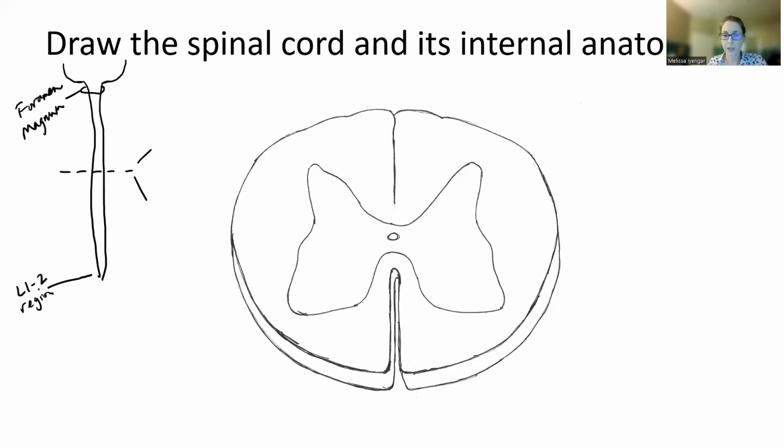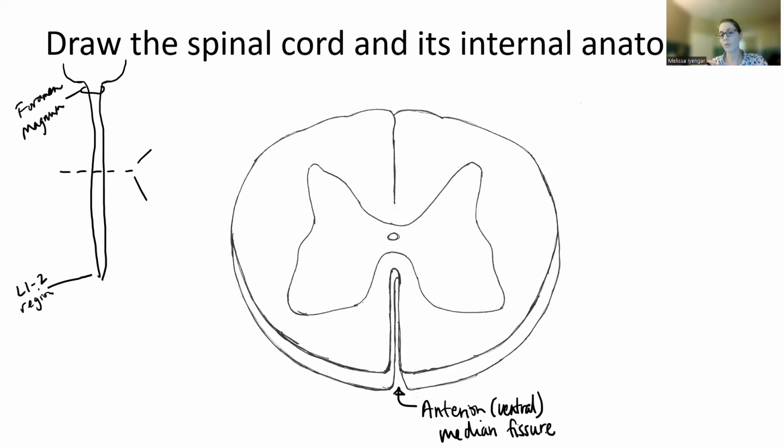So we see this deeper indentation. That deeper indentation is going to be on the anterior, ventral side of the spinal cord. So this is going to be our anterior, otherwise known as our ventral median fissure.